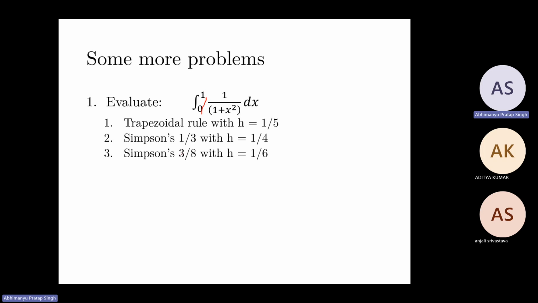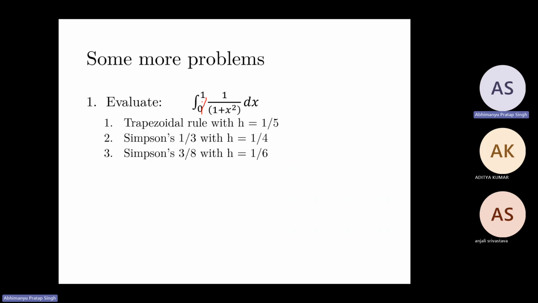Similarly, for Simpson's 3/8 rule, it's a plus h, a plus 2h, and a plus 3h, so the number of intervals should be a multiple of 3. That is why we are using an h value of 1 by 6.